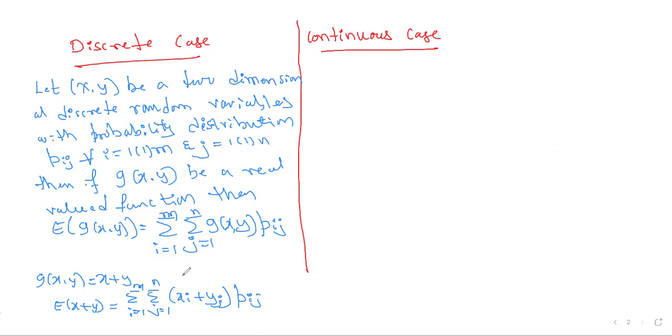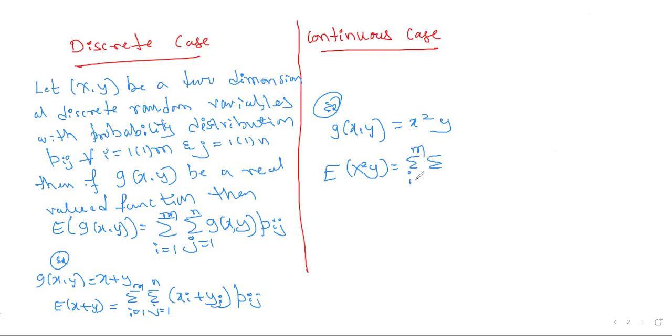In this way we can find others. For example, if g of x comma y equals x square y, then the expected value of x square y is the double summation, i running from 1 to m and j running from 1 to n, of xi square yj into pij.